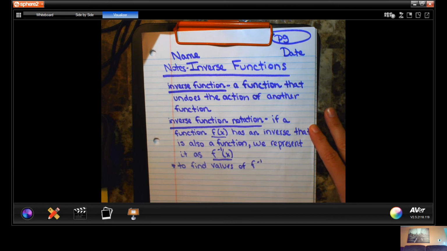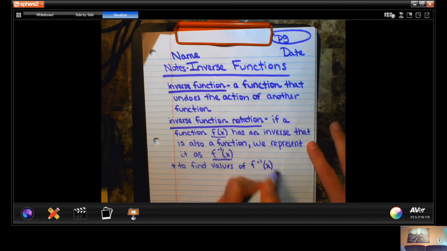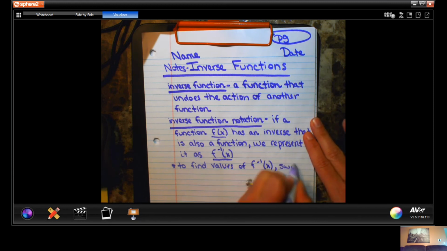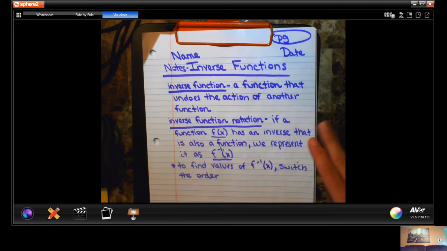Again, look at how I'm writing it. I have an f with a little tiny exponent of -1. That is called the inverse of f of x. So to find values of the inverse of f of x, switch the order of x and y.